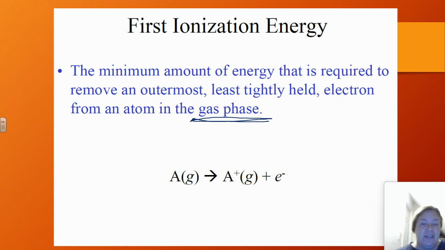If you remember, even with the mass spectrometer, we had to ionize it first and put it in the gas phase in order to do anything with those atoms. So you have to change the pressures and the temperatures to get those atoms in the gas phase, because they don't typically like to go there.